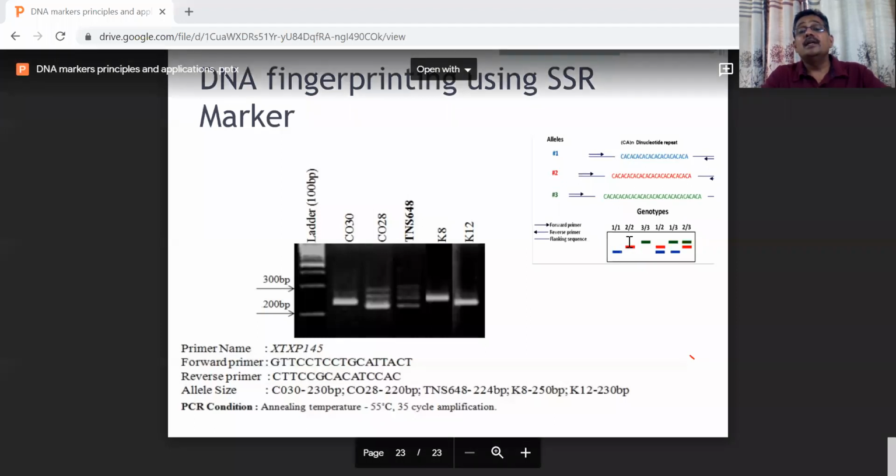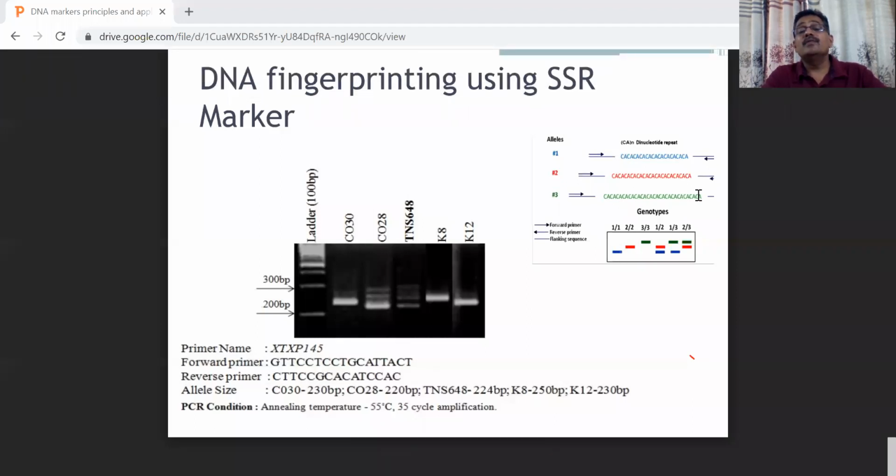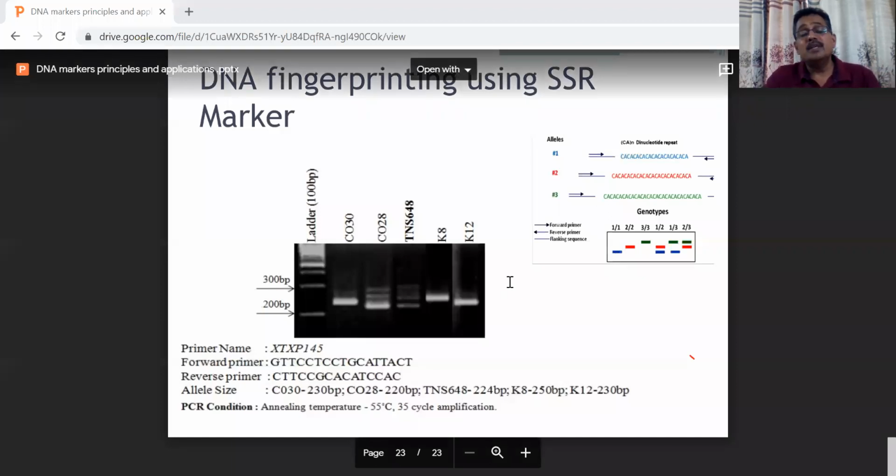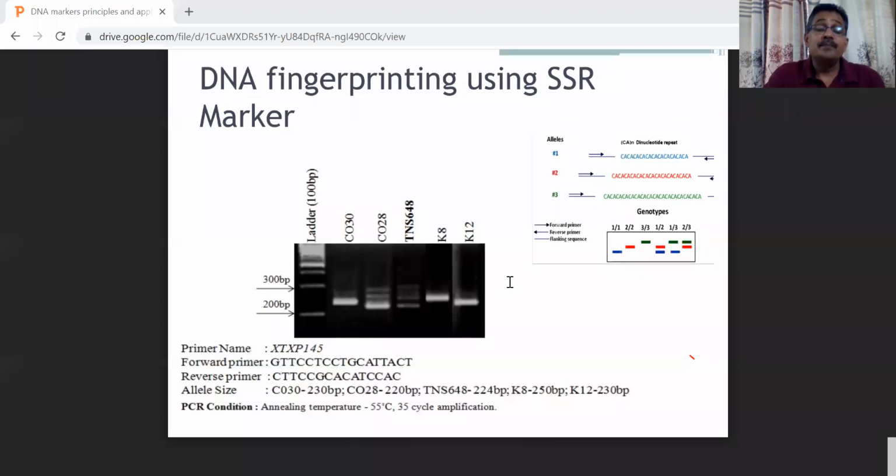So you get the bigger allele, and this one has still more repeats. You get different types of alleles when you screen your varieties. Similarly, you can easily differentiate the varieties based on the number of repeats present in the variety.